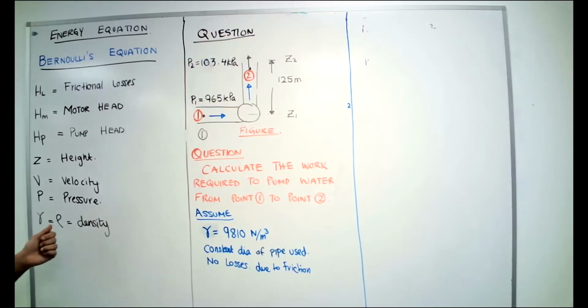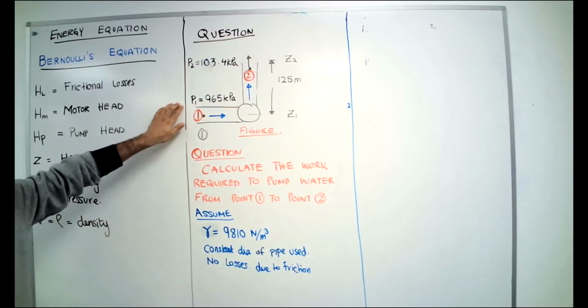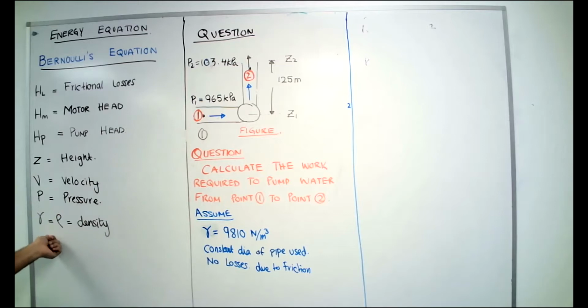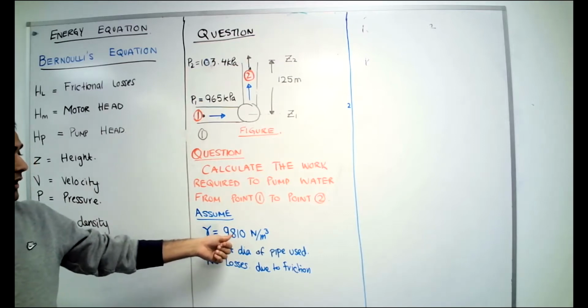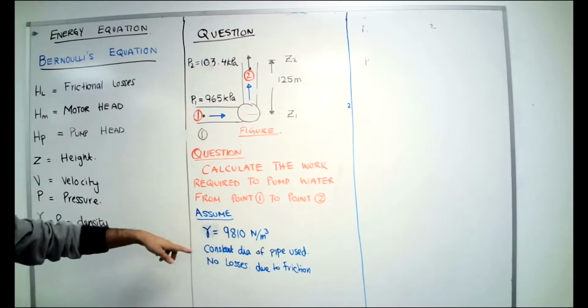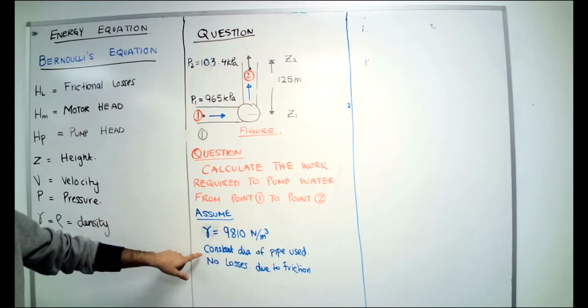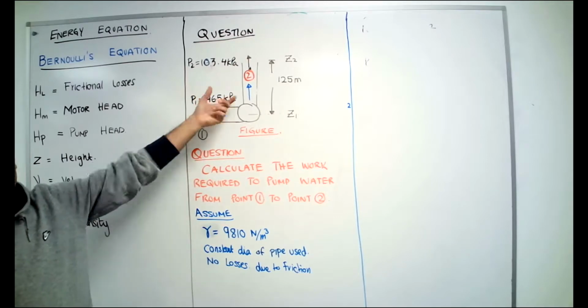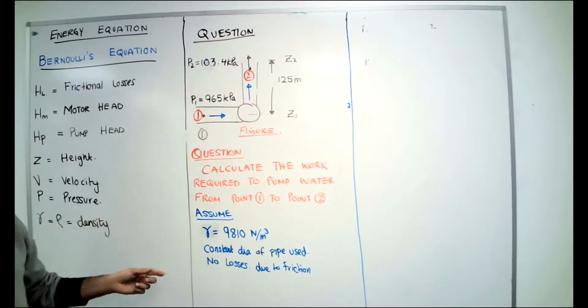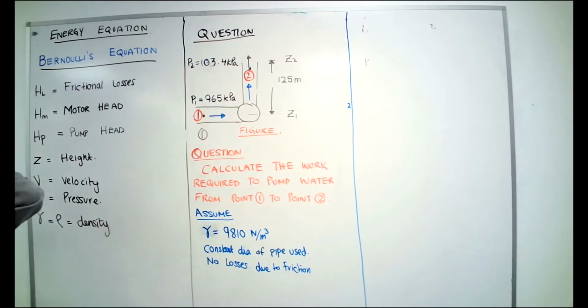You're also given the specific weight of the water, 9810 Newton per meter cubed. We also assume that a constant diameter of pipe is used. The diameter of the pipe here is the same on the other side. We also assume there are 0 losses, which means the flow rate has to be the same.